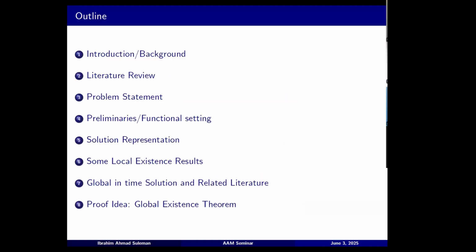The outline of my talk will start with an introduction where I go into the history that builds up to the problem we are treating, the literature review to motivate a few things about the nonlinearity we have chosen, involving a power function beside a logarithmic function and an integral term. Then the problem statement, preliminaries and the setting of the problem, and then we go into the theorems of existence and uniqueness.